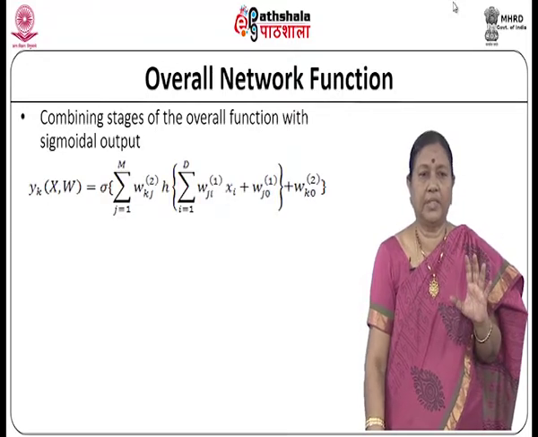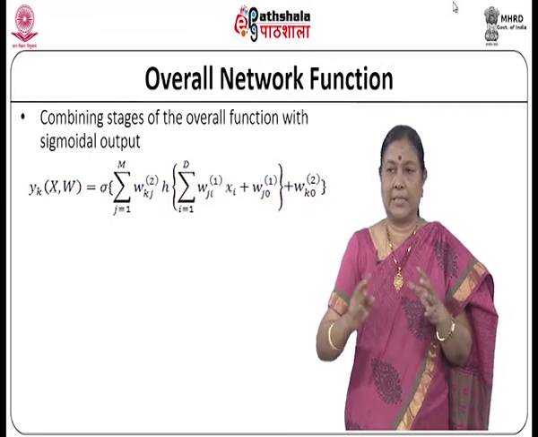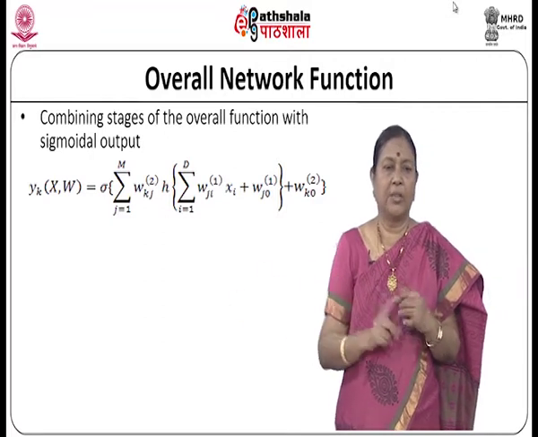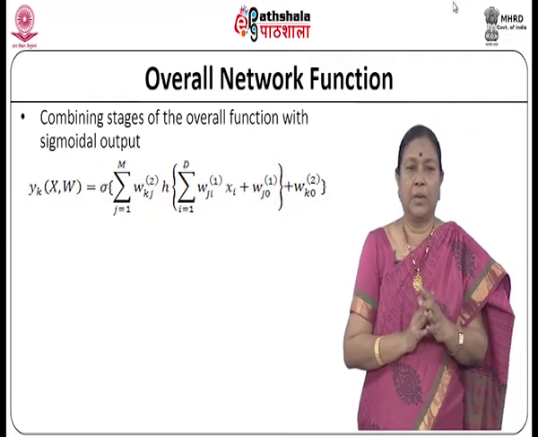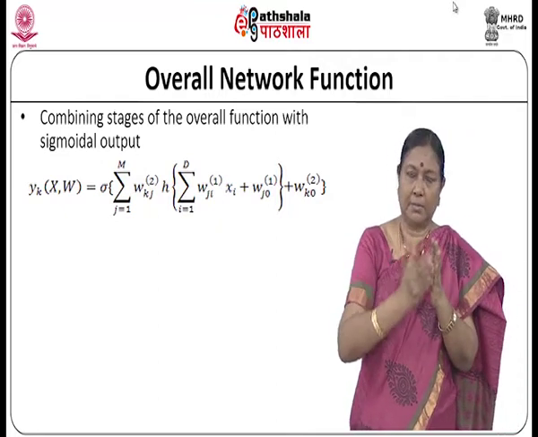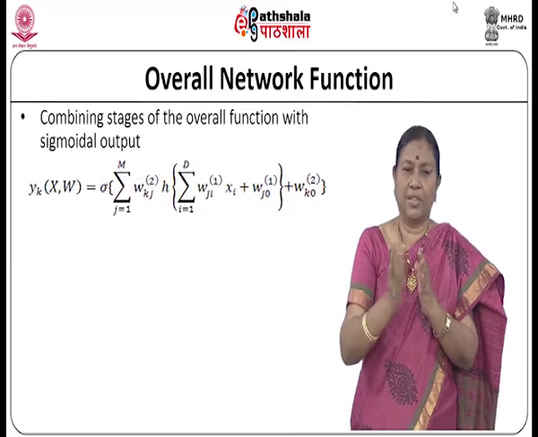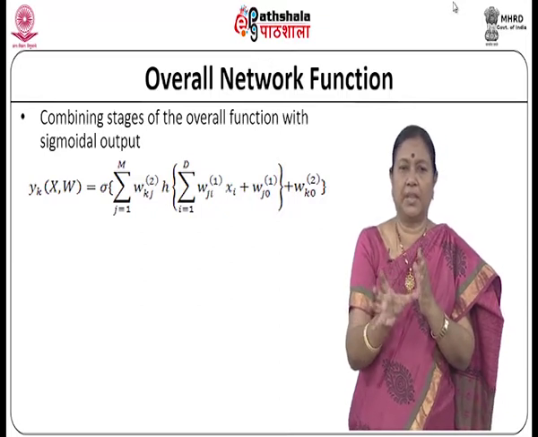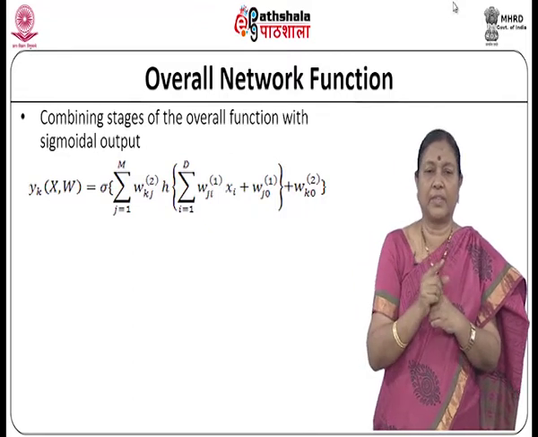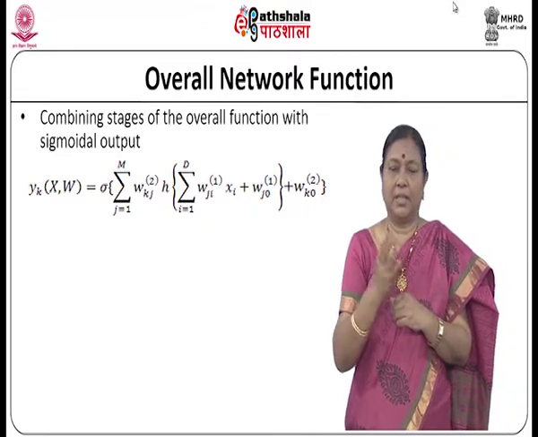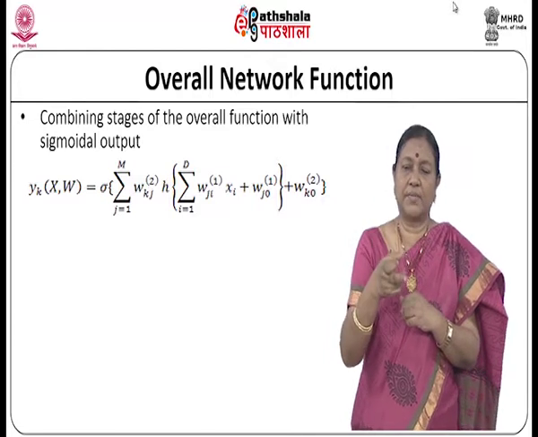So, the overall network function will combine all the layers, all the stages. You have y of k of x comma w, the final output, equal to sigma of the m combinations, which uses h of the d combinations plus the bias of the first or hidden layer, and then the bias of the second layer.